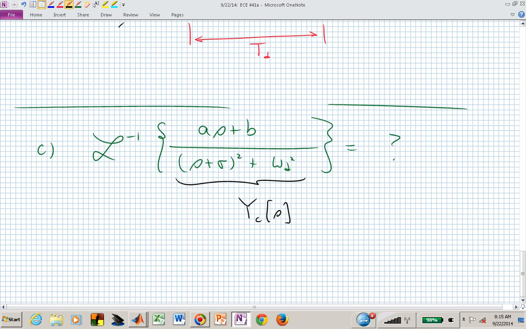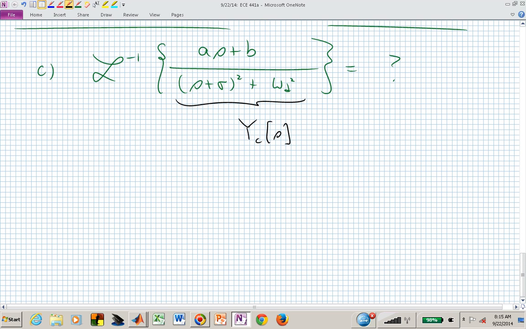How could we see that? If we look at the numerator, we could say, well, that's A s plus B. But I know that that could be written as some linear combination of a cosine exponentially damped and a sine exponentially damped.